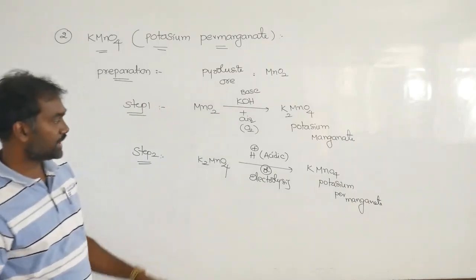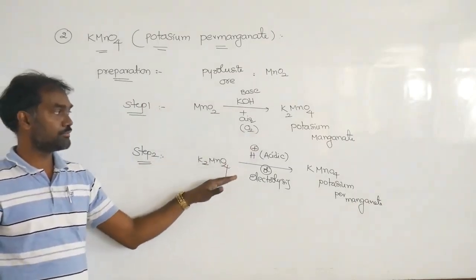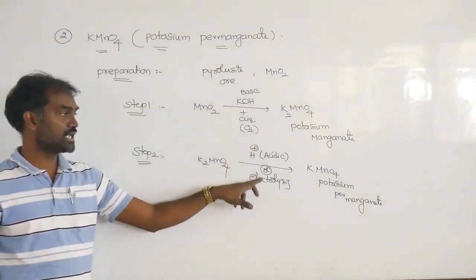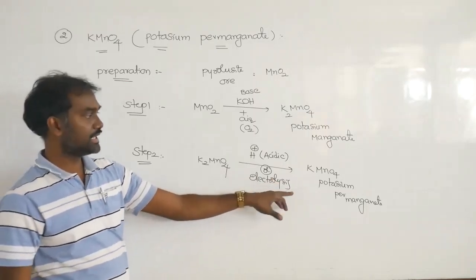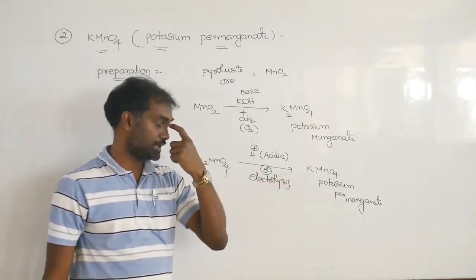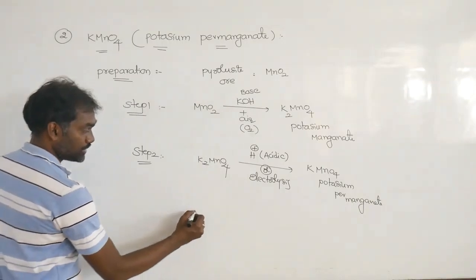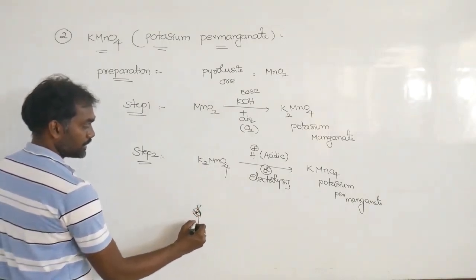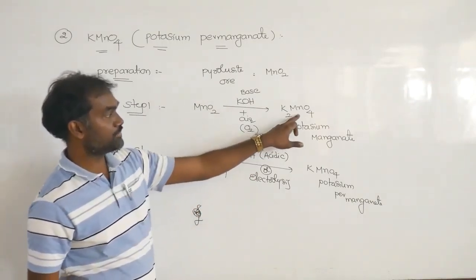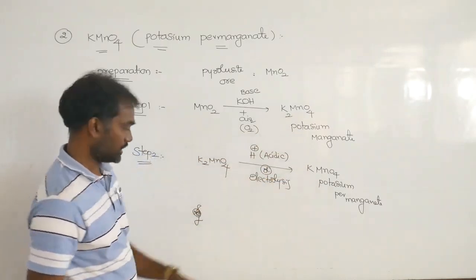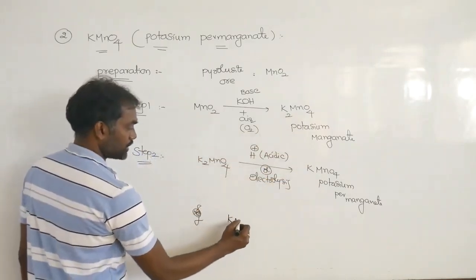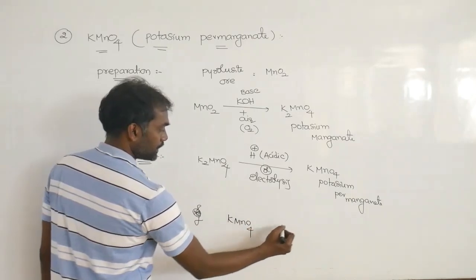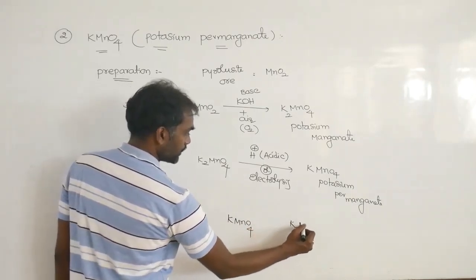So in what way do you write the matter? The above potassium manganate you treated with acidic medium or electrolysis, then it gives potassium permanganate. So here the important one, two important: one is potassium manganate to potassium permanganate, KMnO4 and K2MnO4.